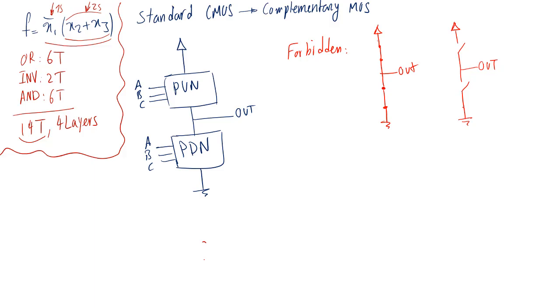Okay, so to make sure of this, we have to make sure that the pull-up and pull-down networks are complements of each other, meaning that whenever one of them is conducting, the other one is not, and vice versa, right? How did we make sure of that?